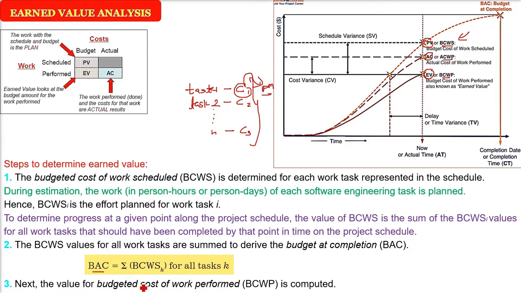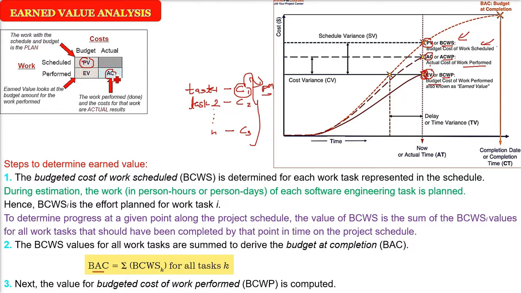Okay. Now next we'll compute the BCWP, budgeted cost of work performed. Work scheduled is done. Now you are going to find out work performed cost, not scheduled cost, performed cost. So PV is planning, the work with the schedule, and budget is the plan. AC is the actual result, which we are going to do later.